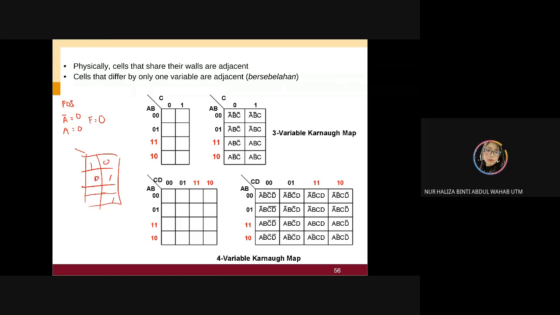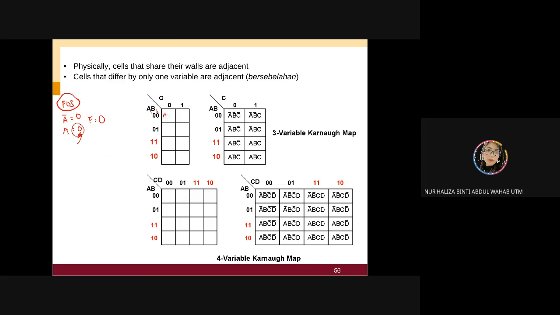Now for POS, you're going to look at the 0, 0, 0 cells. Let's take a look at how, if over here is our POS, the Boolean expression is obtained. So A is 0, B is 0.